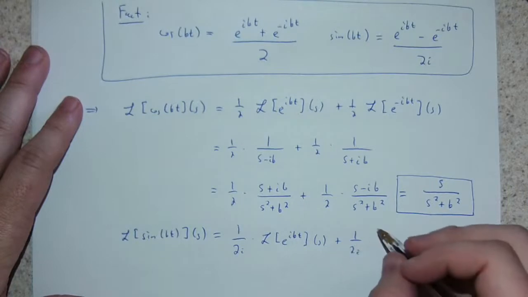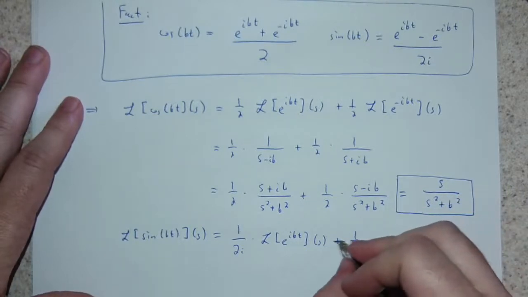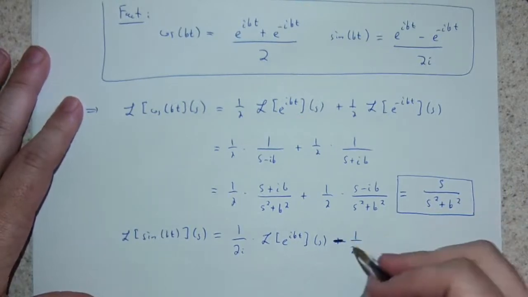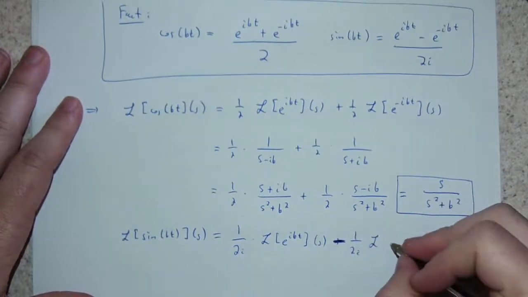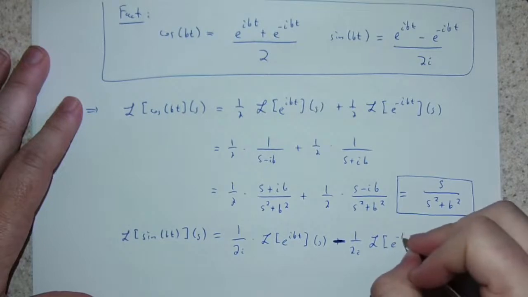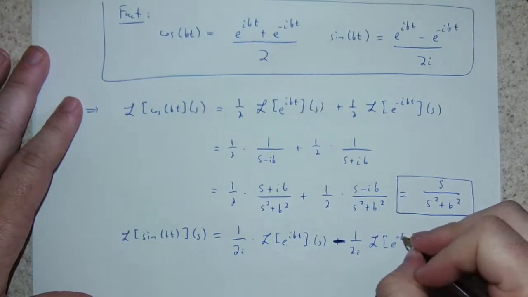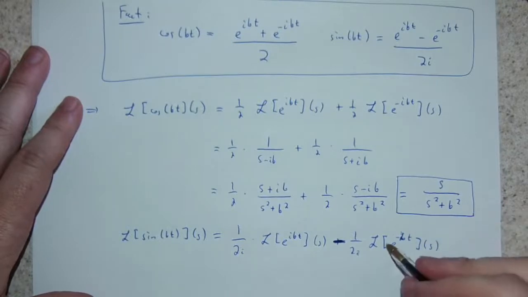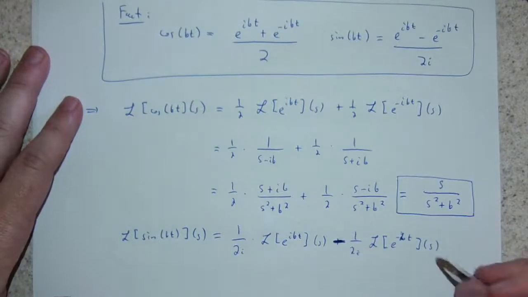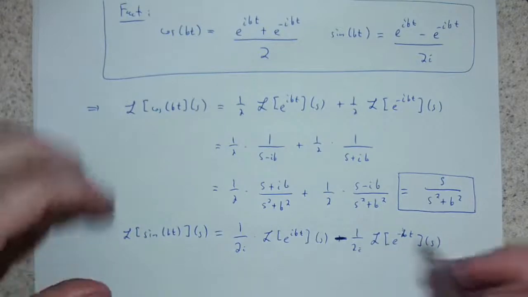So I'll go ahead and pull the minus out. So minus 1 over 2i Laplace transform of e to the minus ibt of s. This is just so that I don't have a minus inside that I have to take out here.